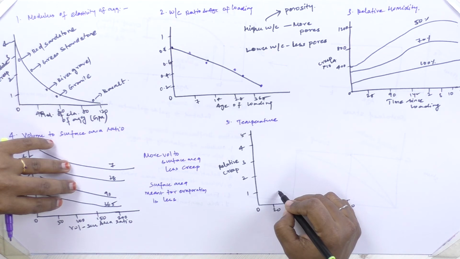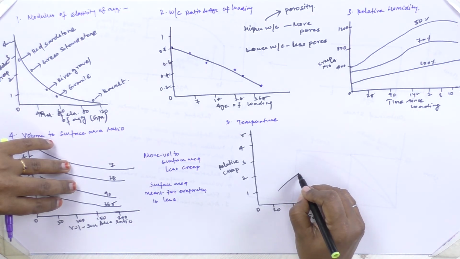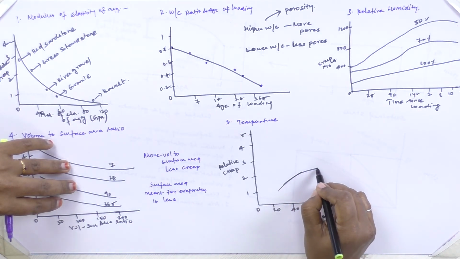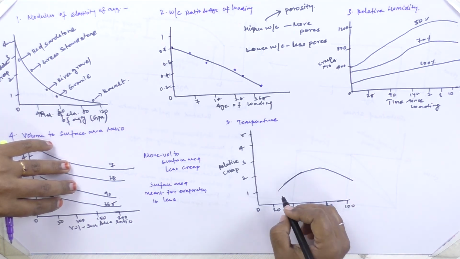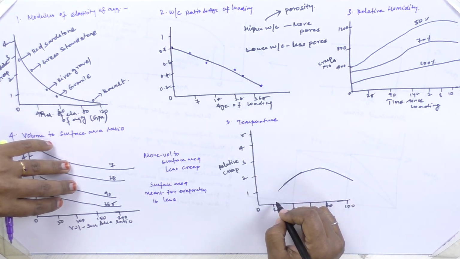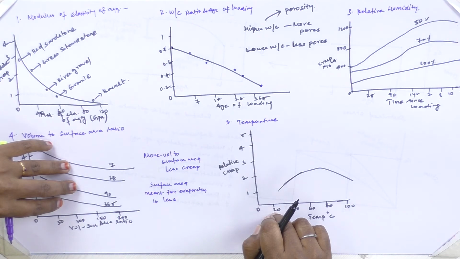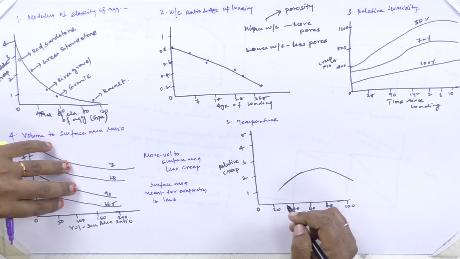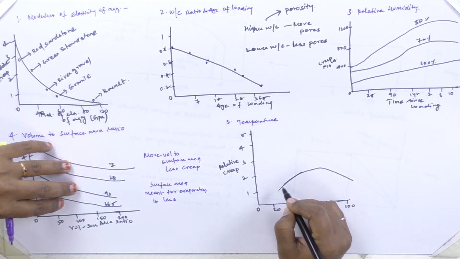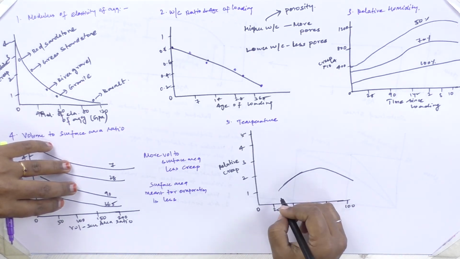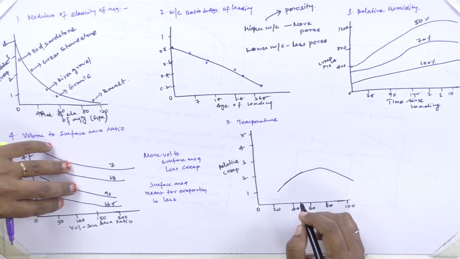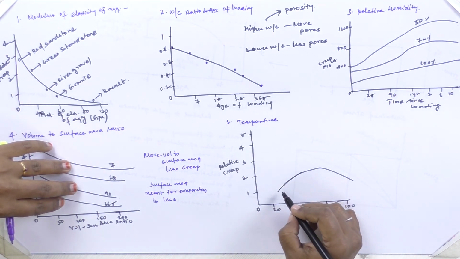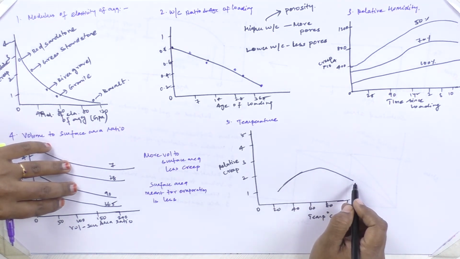If I am curing the concrete at the test temperature, that is 20 degrees Celsius, and applying load, then it shows a pattern like this.